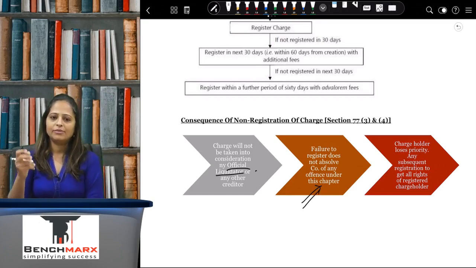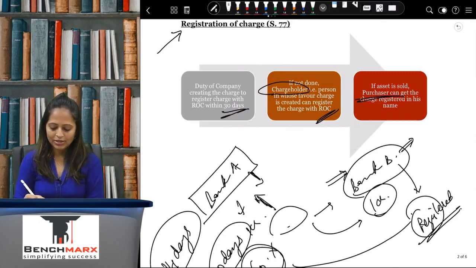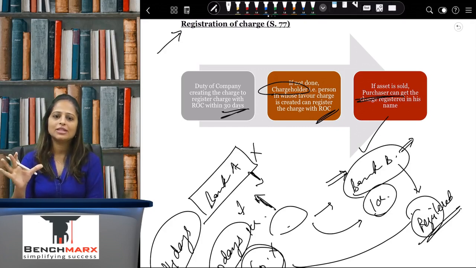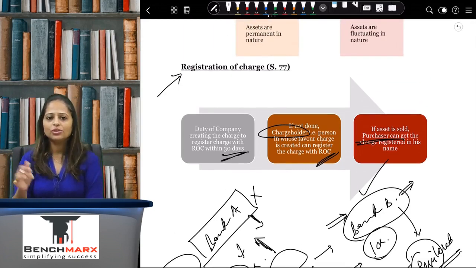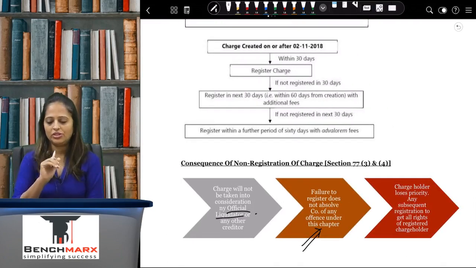But in the meantime, if someone else registers it, like in our example bank B has already registered the charge against the same asset, then you will lose the priority of a secured creditor and bank B will get it. So these are the consequences of non-registration. So you have to do the registration. If you don't, you lose out on the benefits.